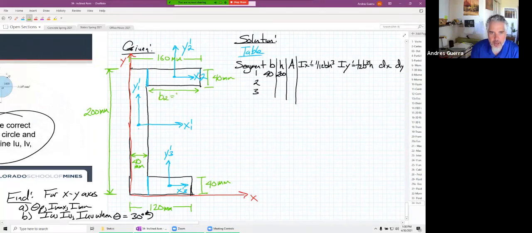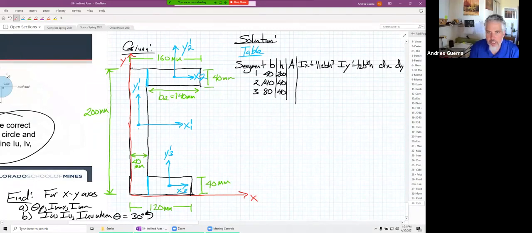And isn't that 140 millimeters? It's 160 all the way across the top, so 140. The height is 40. And then for segment 3, B is going to be 80 and the height is going to be 40. So I found B and H for all 3 segments. Now we can find the area.